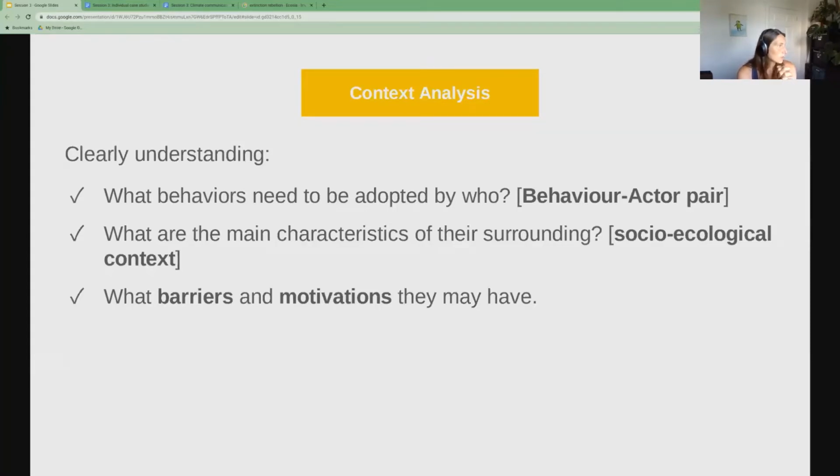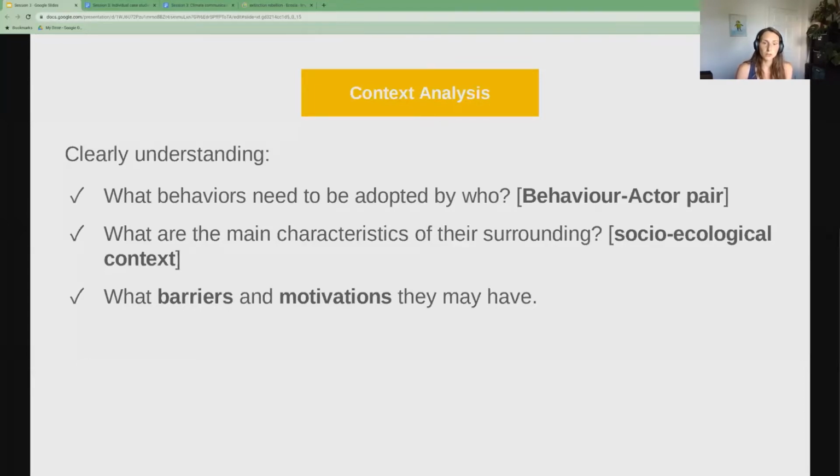Then you will look at the surrounding context. What are the typical characteristics of the setting? We call that the socio-ecological context. What is around it? What are the typical power systems? What are typical institutions? Who influences whom? Are there any economic dependencies?